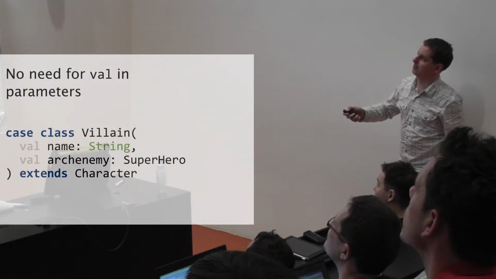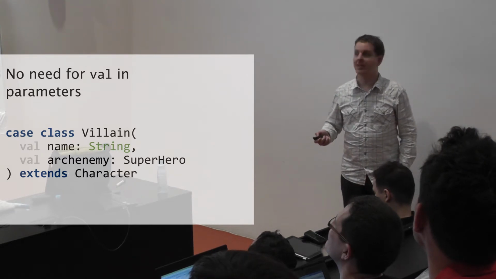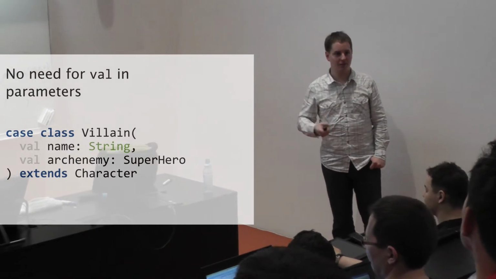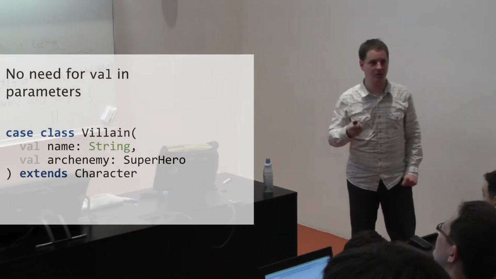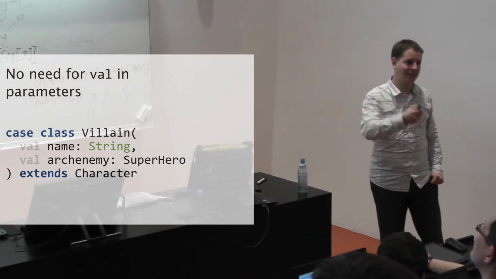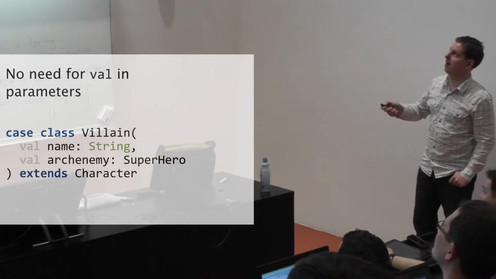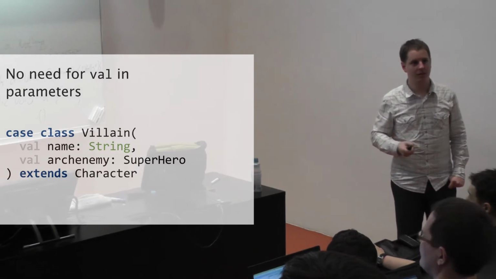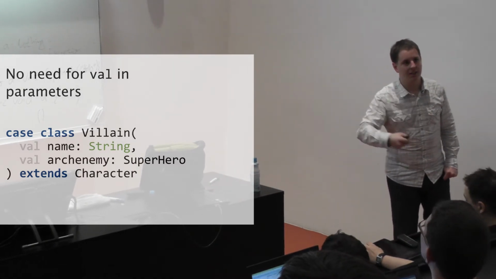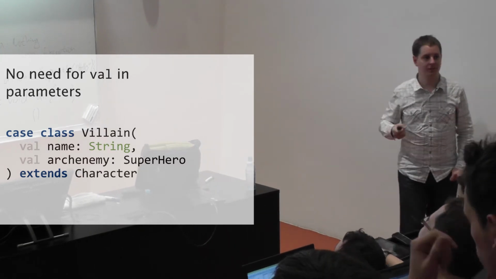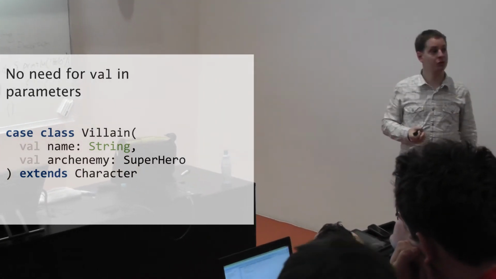What's inside the parentheses are parameters of the constructor. In Java, you write a separate function with the same name as the class name, which is a constructor. In Scala, the whole body of the class is the constructor, so there is no need to write a separate function for it. And these are the parameters of the constructor.